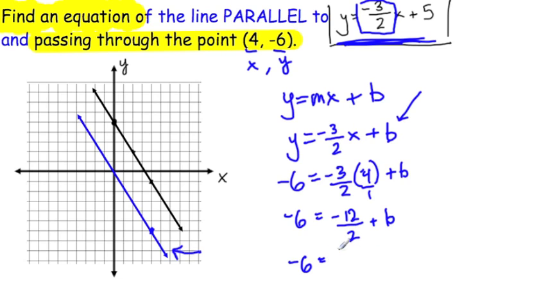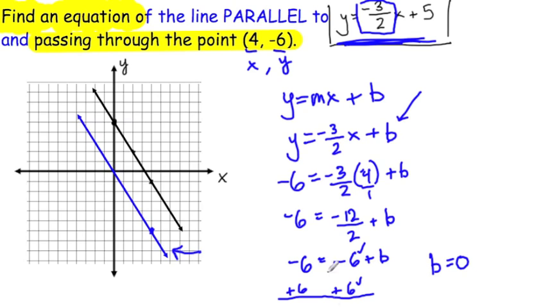Negative 6 equals negative 12 divided by 2 is negative 6 plus b. And then we're going to add 6 and add 6. And these check out. And we get b equals negative 6 plus 6, 0.